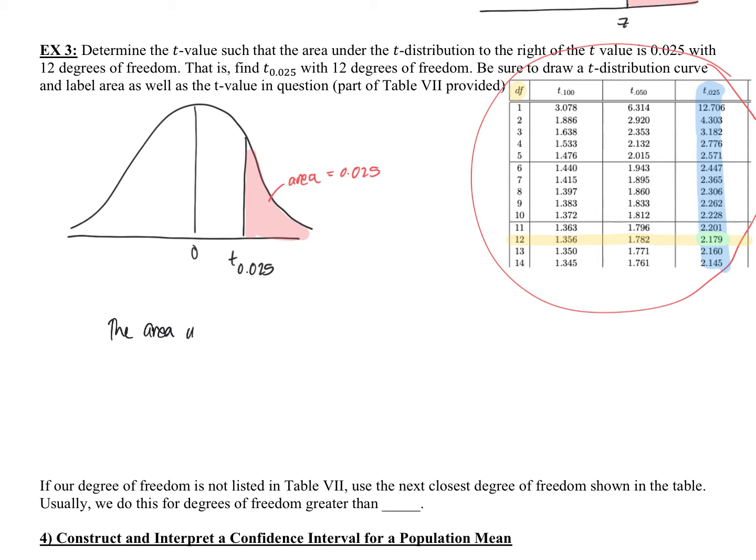The area under the curve of the t-distribution to the right of what? Well, we found out that we're looking at t equals 2.179. With how many degrees of freedom are we looking at? With 12 degrees of freedom.